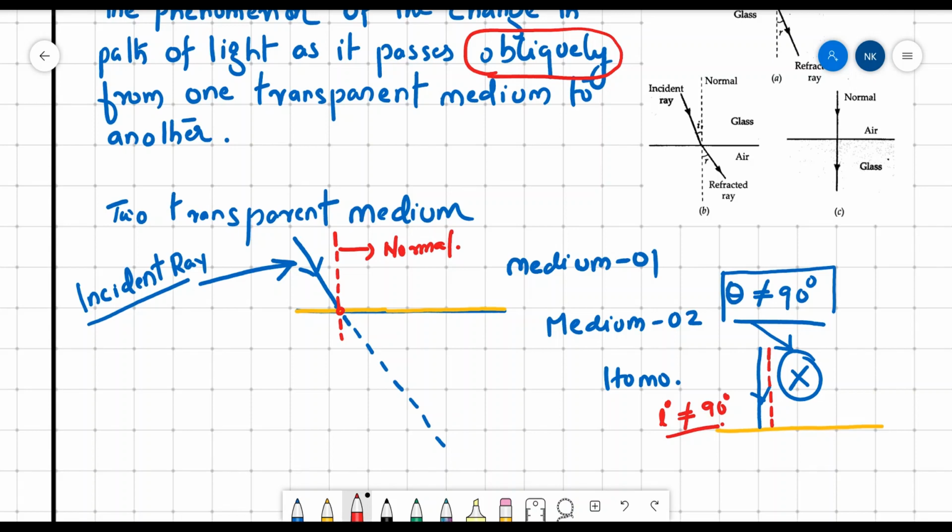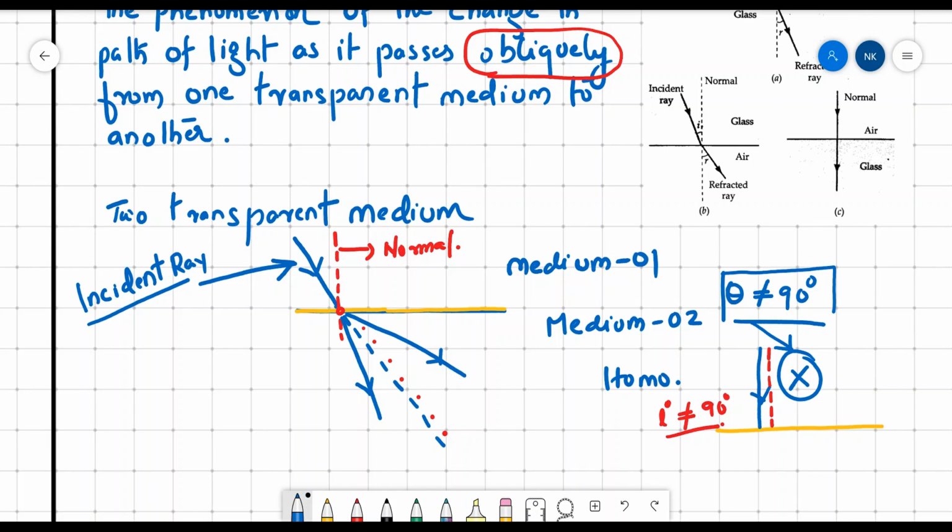So if this is the condition, instead of traveling along this dotted line, that means traveling without any deviation, it was observed that there was a change in path, like this, or sometimes like this.